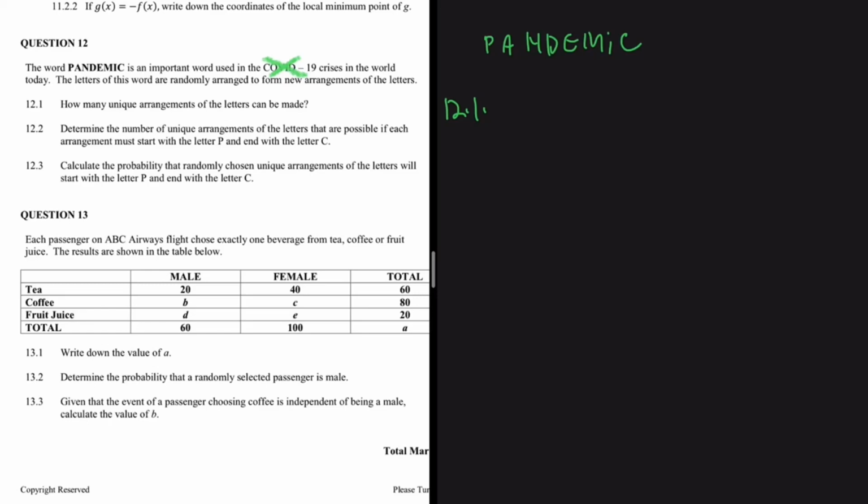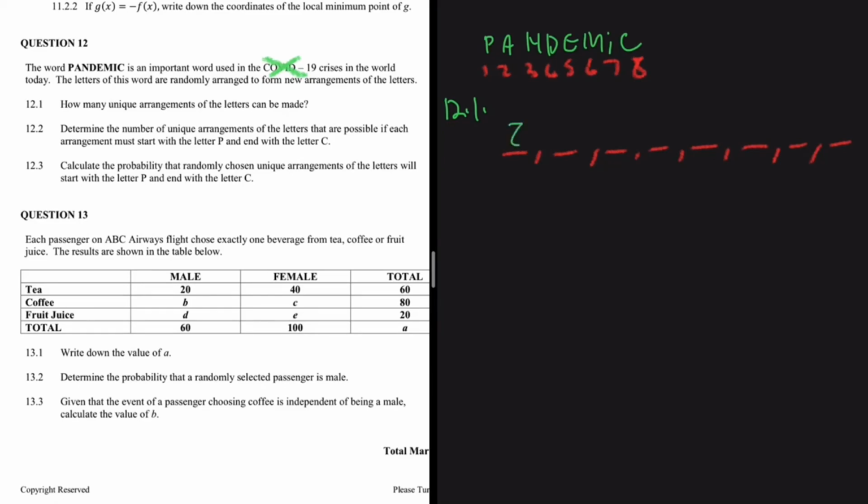So let's look at our word. We have 1, 2, 3, 4, 5, 6, 7, 8. So we have 8 different letters. And how can we arrange these 8 different letters? So let me create spaces. So we have 1, 2, 3, 4, 5, 6, 7, 8. In the first position, there are 8 possible letters you can put in the first position when you're arranging the letters.